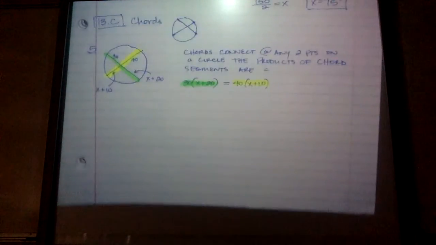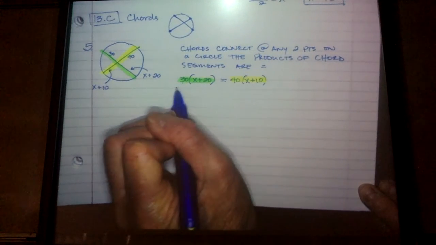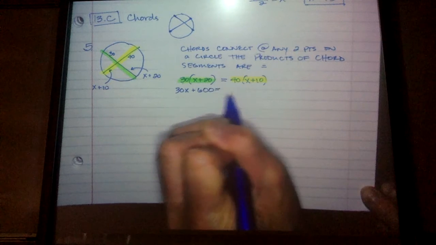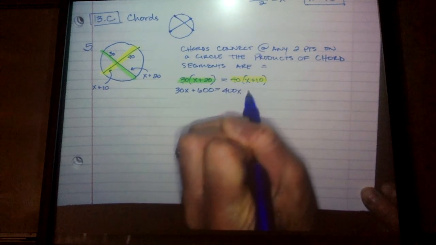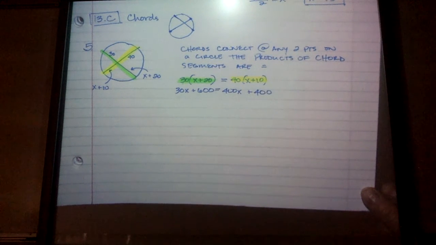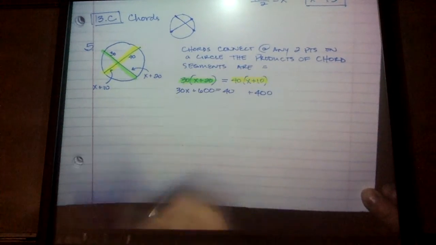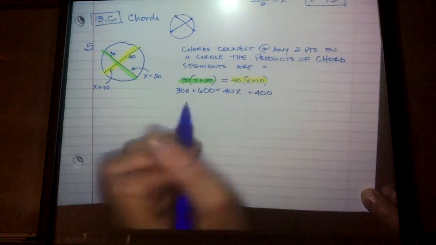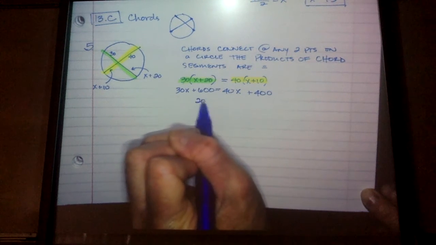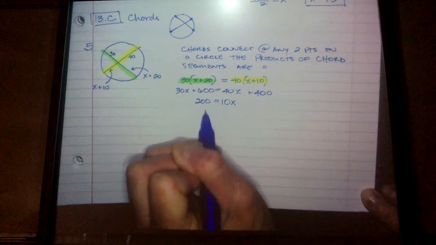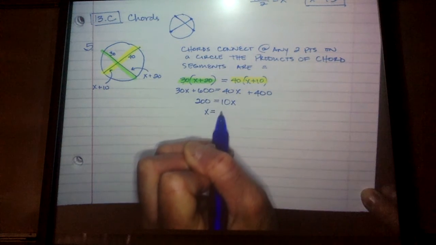So 30x plus 600 equals 40x plus 400. I said 40x and I wrote 4, my apologies. So I'm going to subtract 400 and that gives me 200. I'm going to subtract 30x and that gives me 10x. So if I divide by 10, x equals 20.